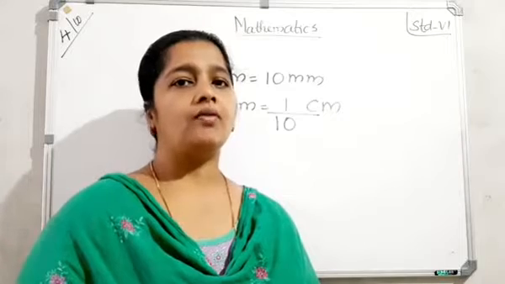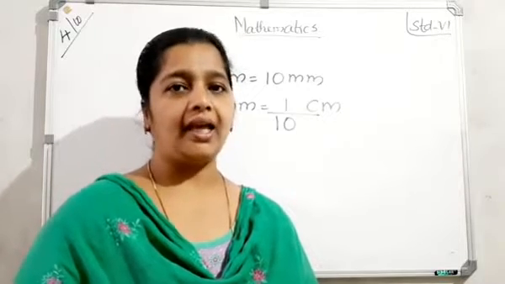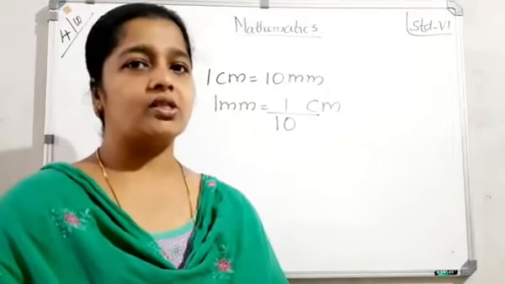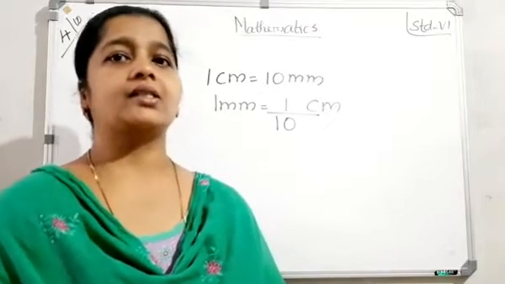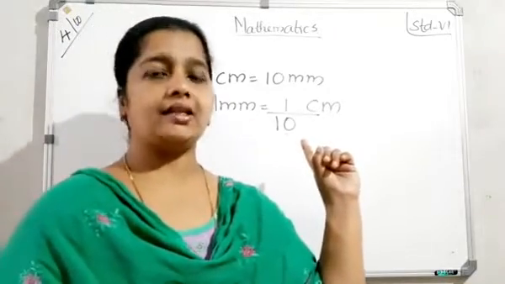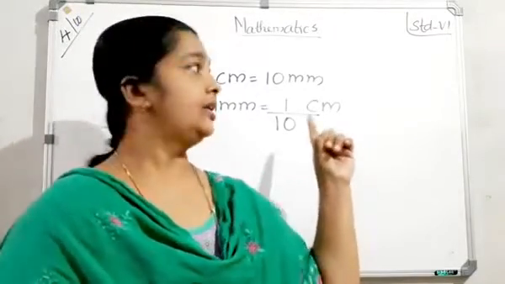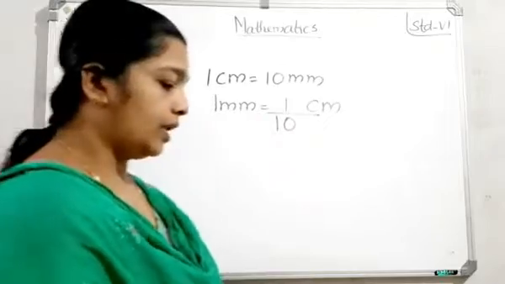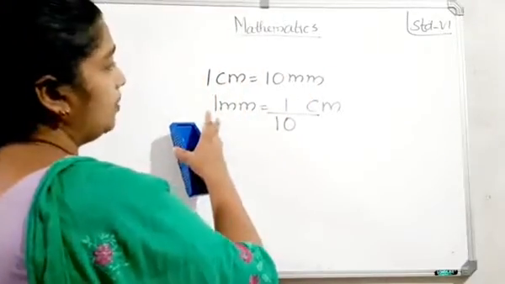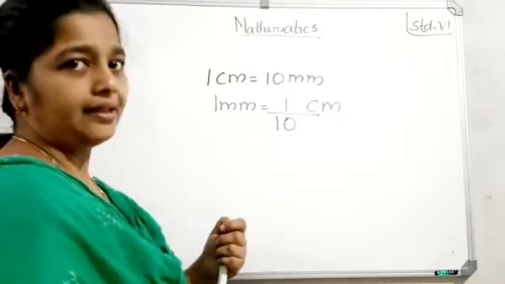Don't open your notebook now; I will give the notes on WhatsApp. All of you must listen here only, and you don't need to write. Then, 1 millimeter equals 1 by 10 centimeter.